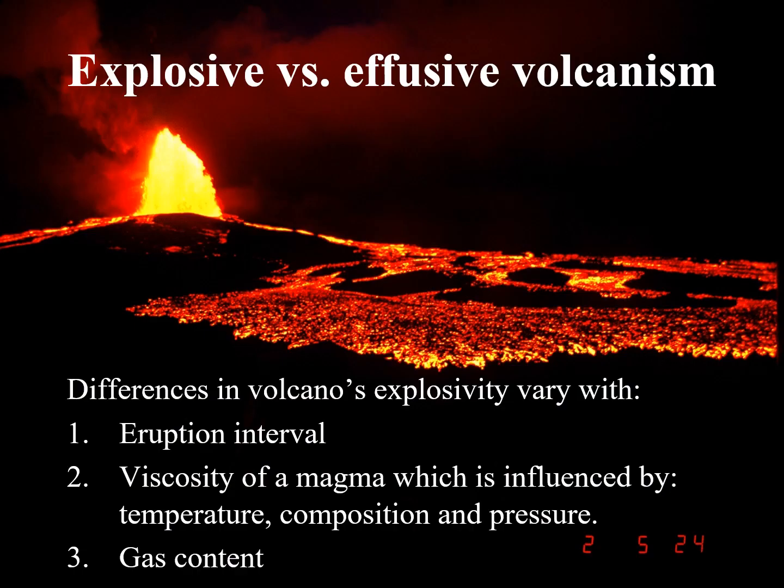So when it comes to eruptions, we sort of break that up into two broad categories, explosive eruptions and effusive eruptions. And the difference between those two is the amount of explosivity, right? An explosive volcano has a lot of gas under pressure in the magma.